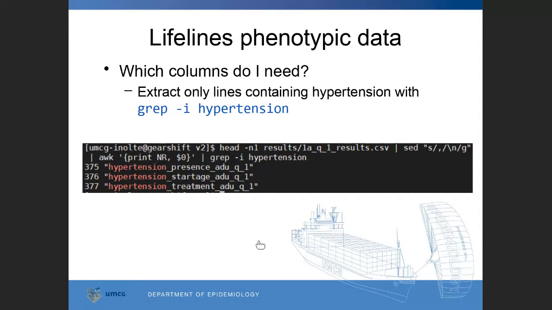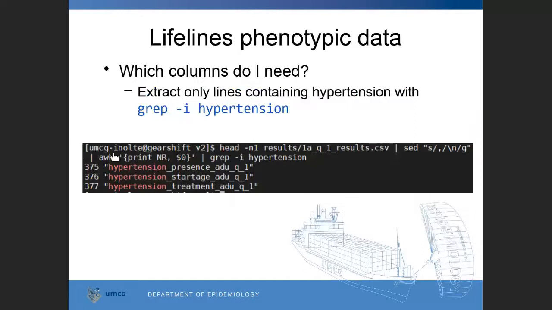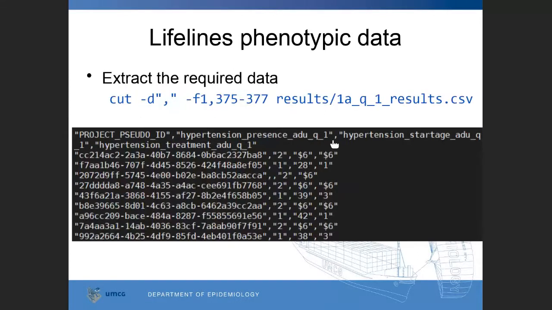So now that you know which columns of the file you need, you can extract the data with a cut command saying that the delimiter is the comma, and I want to extract the first field or column, so that's the pseudo ID, and then columns 375 through 377, which we previously identified as containing the hypertension data.